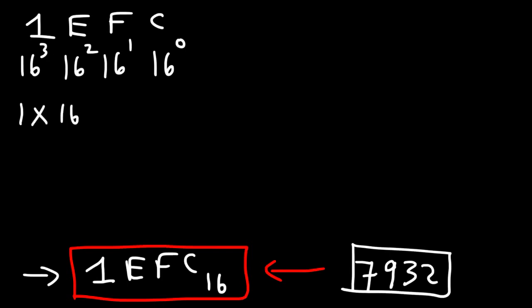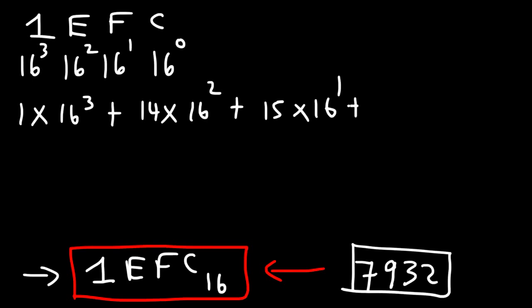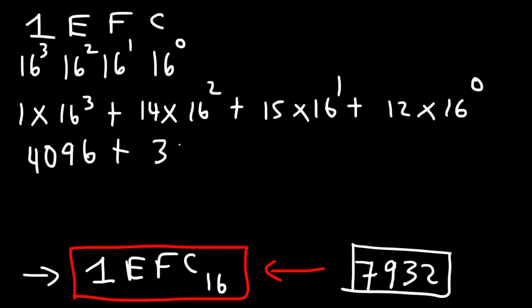So it's 1 times 16 cubed, and we said E corresponds to 14, so it's going to be plus 14 times 16 squared, and F is 15, and then C is 12. 16 to the third power, that's 4,096. 16 squared is 256 times 14, that's 3,584. 15 times 16 is 240.